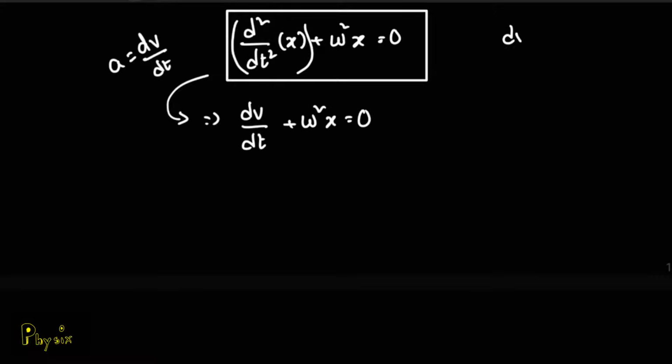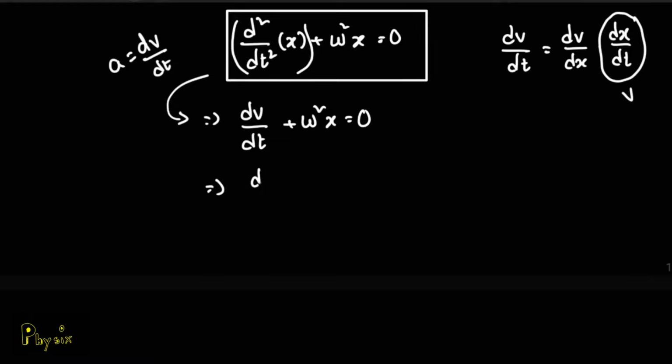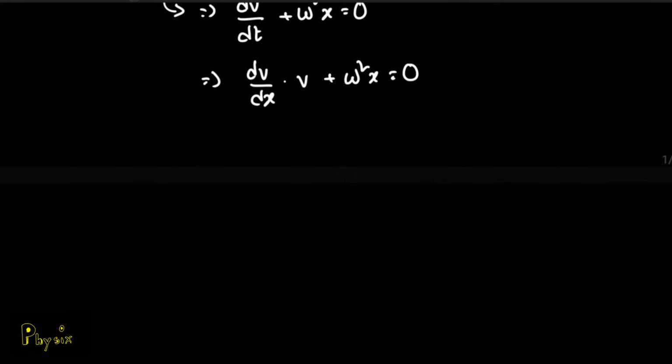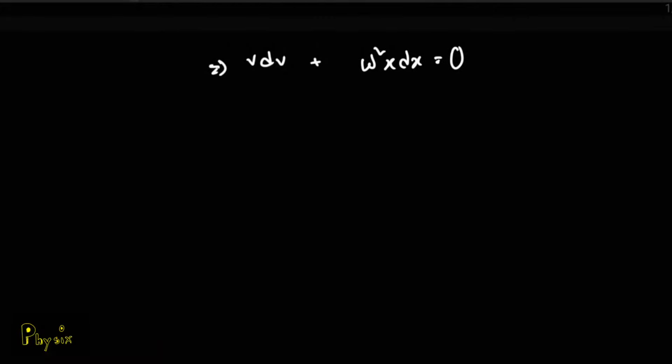Following the chain rule of calculus, dv/dt can be written as dv/dx times dx/dt, and dx/dt is v, which is velocity. So we write dv/dx times v plus omega squared x equals 0. We multiply both sides by dx, and we are left with v dv plus omega squared x dx equals 0.